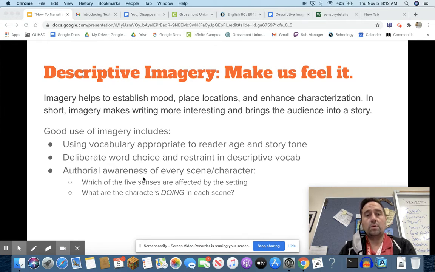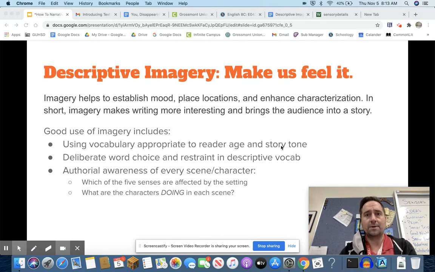So ideas about how to use it. You need to use vocabulary appropriate to the age and level of your reader and to the tone of the story. So using super big words in a middle grade book might not be appropriate in describing what a character looks like.